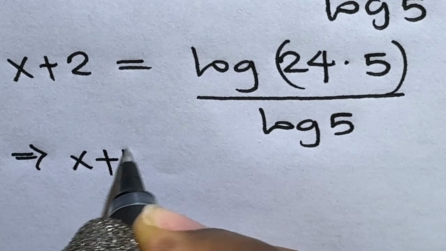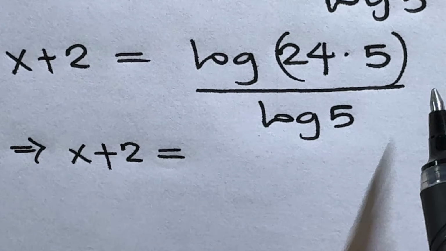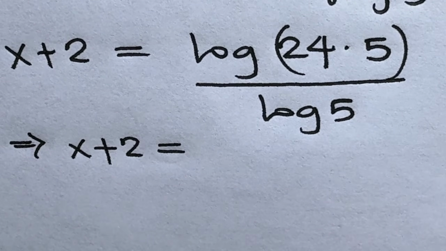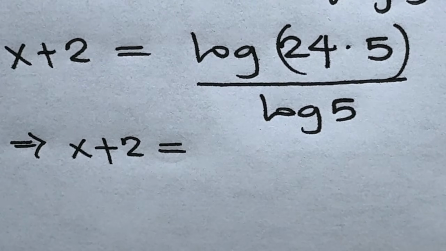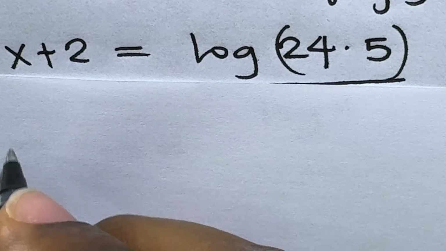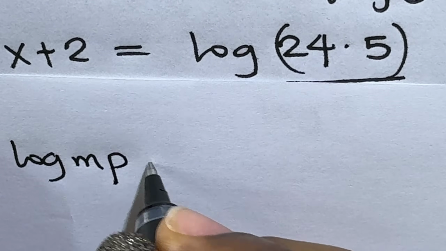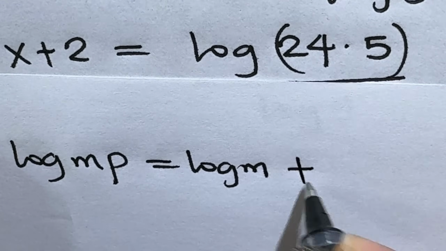x plus 2 is equal to, if we separate this product, and to do that, we are going to apply this law of logarithm. Log m times p will give us log m plus log p.